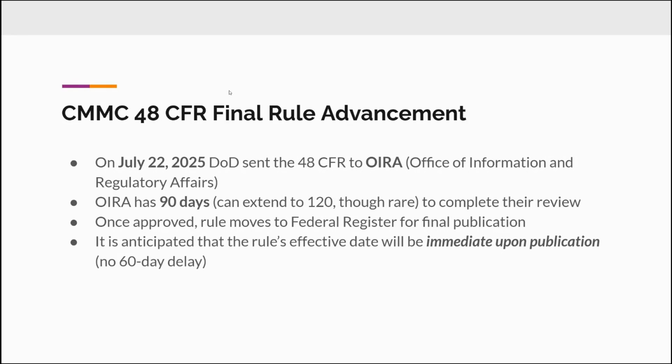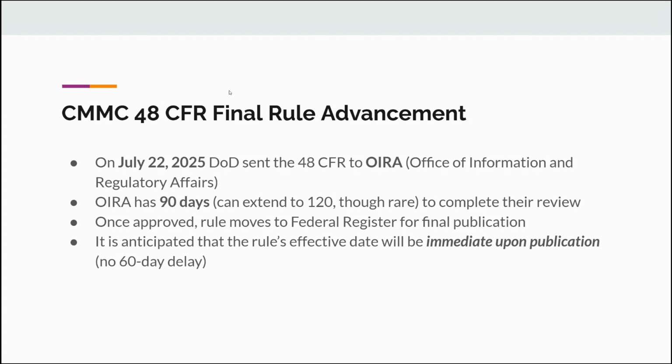So there's been various estimations. 90 days is kind of the cap for that review. They have the ability to extend to 120, but that's been used very rarely. So 90 is probably the target.